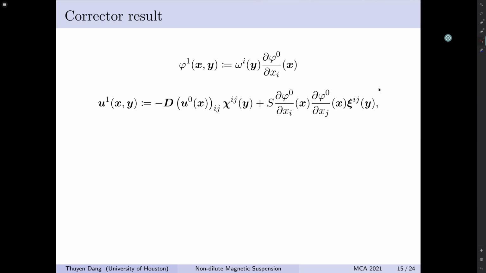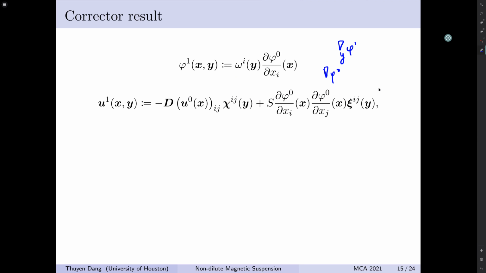So now if we let phi 1 be as in the formula, then phi 1 approximates the oscillation of the magnetic equation. Therefore, we can expect some strong convergence of the gradient of phi epsilon, because here the gradient in y of phi 1 can be understood as the corrector of the macroscopic gradient of phi naught.